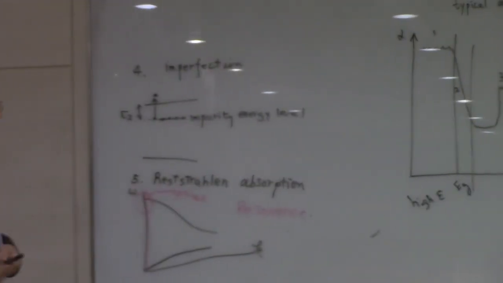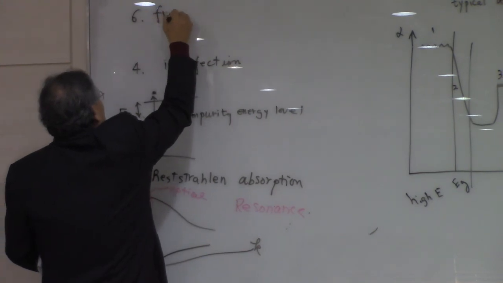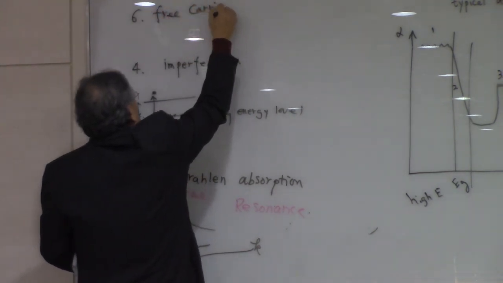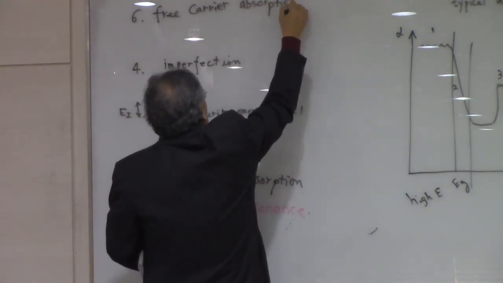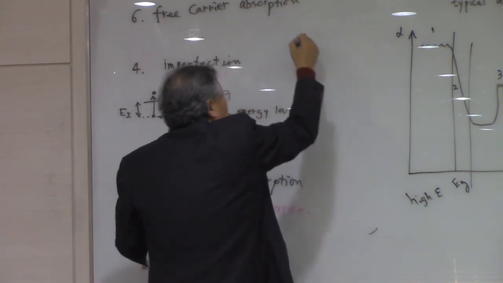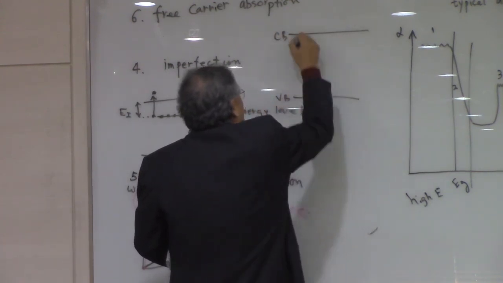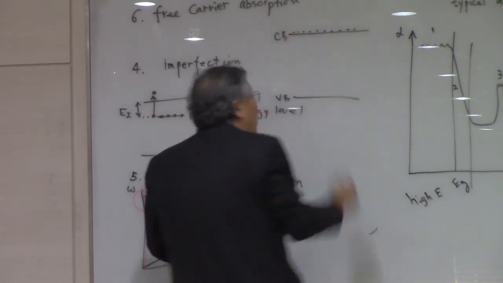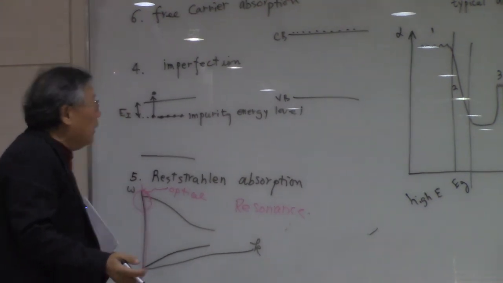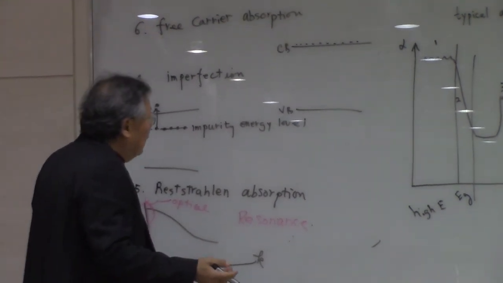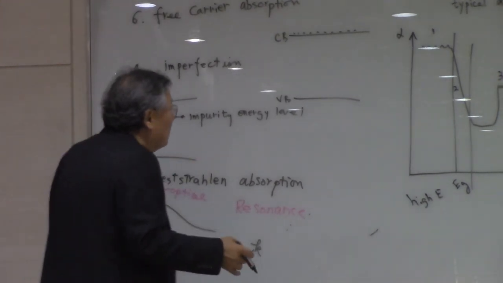And finally, number 6 is free carrier absorption. In free carrier absorption, it's nothing but if you have some electrons in the conduction band, okay? In a semiconductor, some of the free carriers will be sitting in the conduction band, and the conduction band is not fully filled, right?